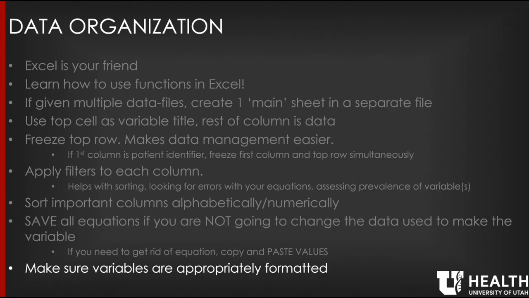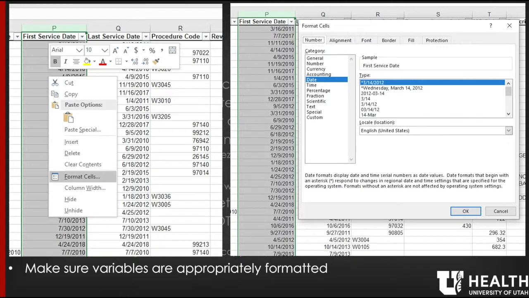So you also need to make sure your variables are appropriately formatted, especially when you're moving your data into your data analysis software. So for example here, you can see on the left there's a column that says first service date. That's basically the date of surgery.